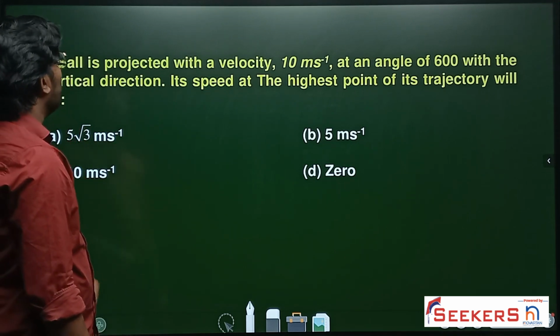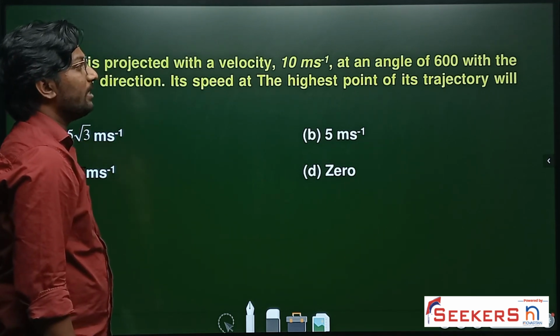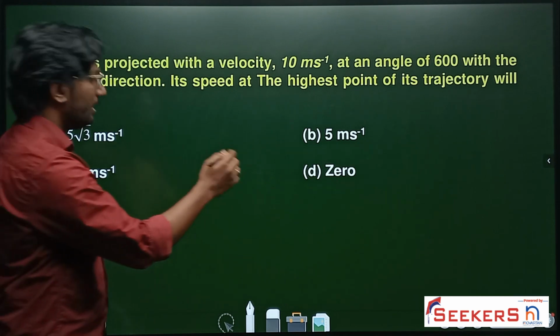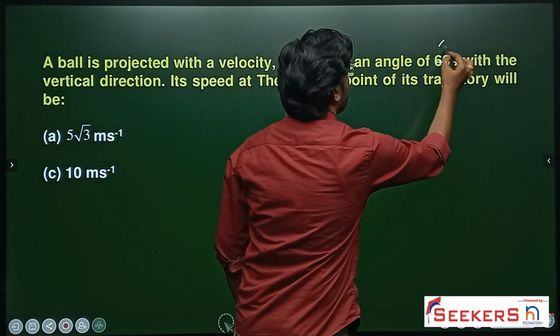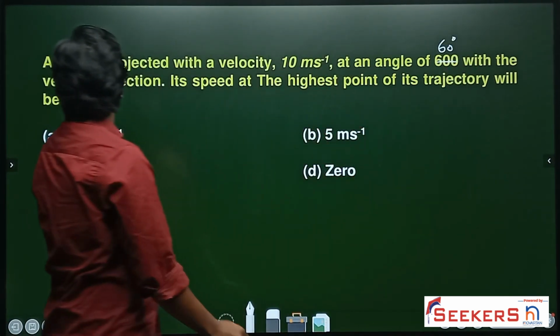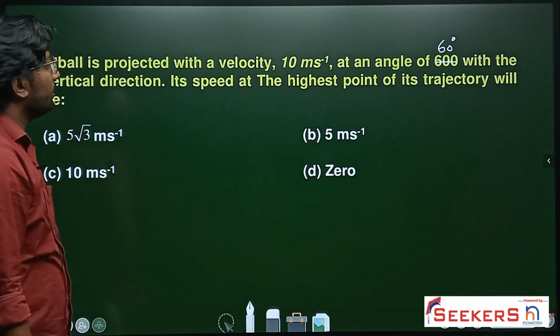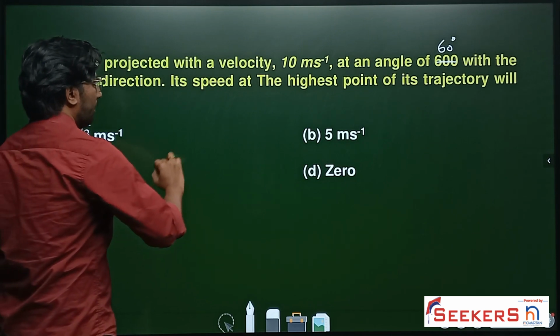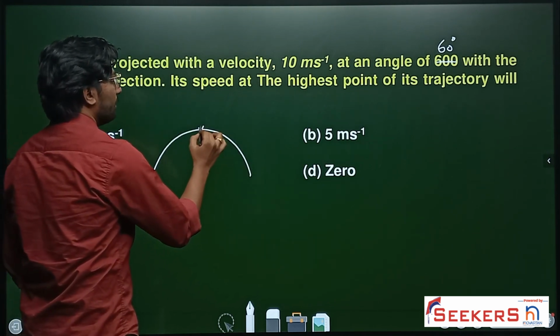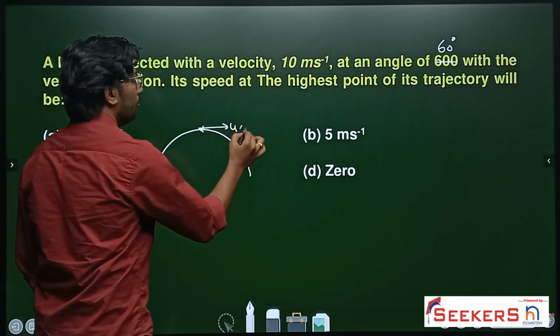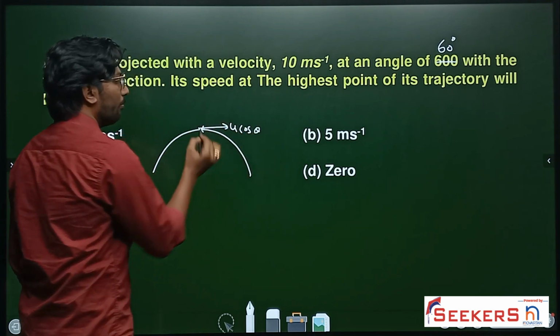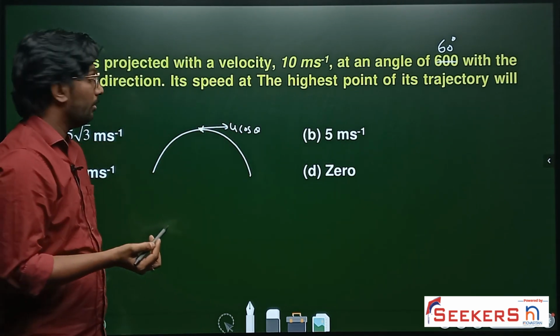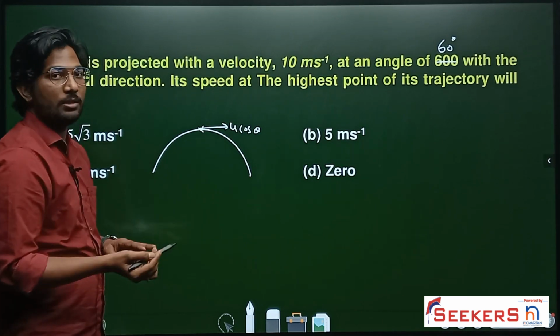Next question. A ball is projected with velocity 10 meter per second at an angle of 60 degree with the vertical direction. Its speed at the highest point of its trajectory will be? Already I told you, at the highest point of the trajectory, the speed will be only u cos theta, because the vertical component of velocity will be 0 and the horizontal velocity will not change.